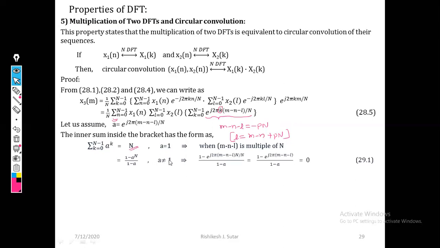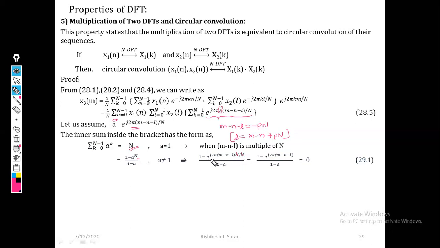Now if my A is not equal to 1, I have to use my usual formula, 1 minus A raised to N upon 1 minus A. A raised to the lower limit, that is A raised to 0, that is 1. A raised to the upper limit plus 1, so n minus 1 plus 1, will become A raised to N upon 1 minus A. If we put this value of A here, what I'll get is 1 minus this value of A raised to N. Now this N and this N will get cancelled.